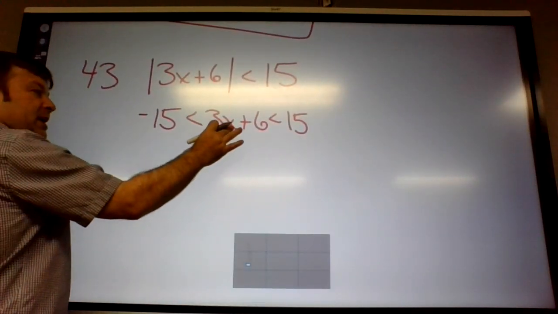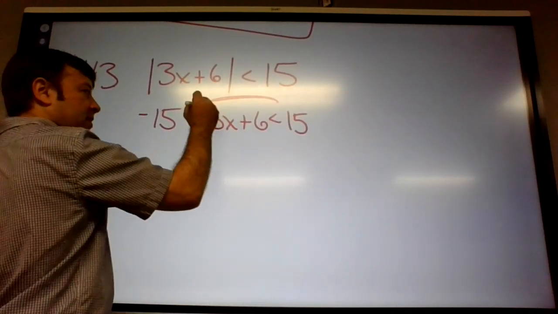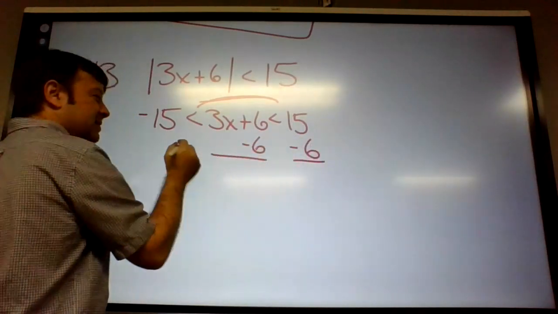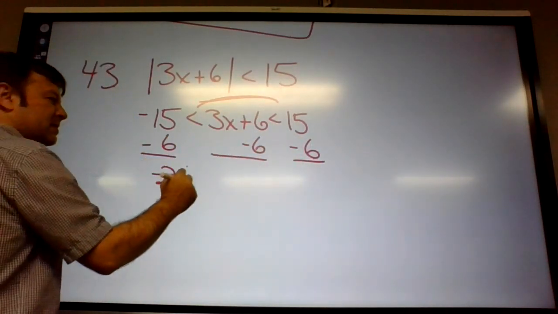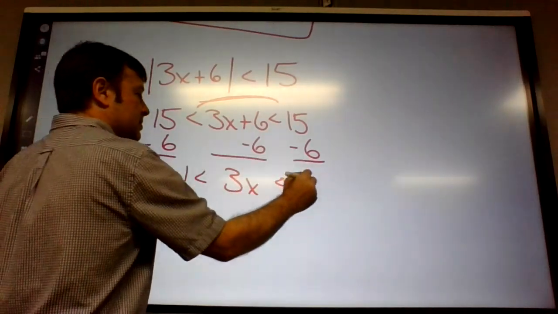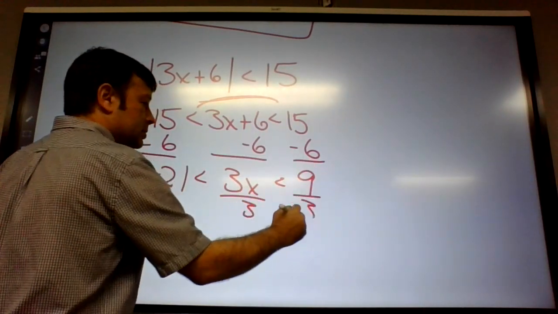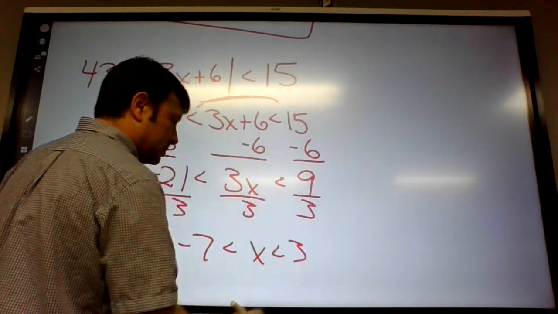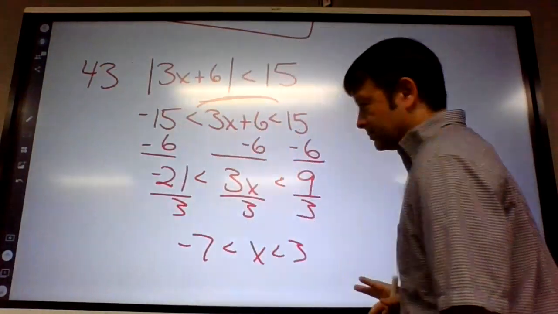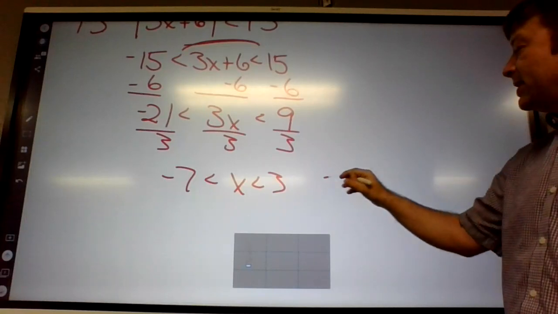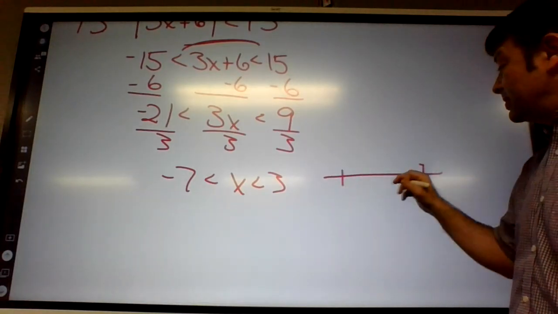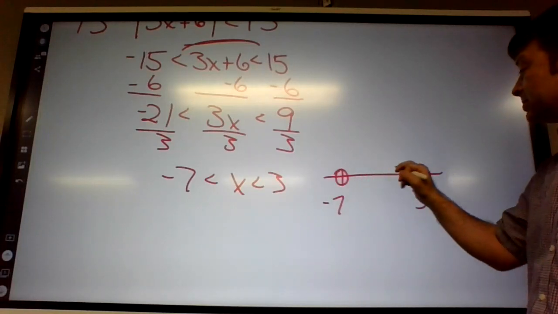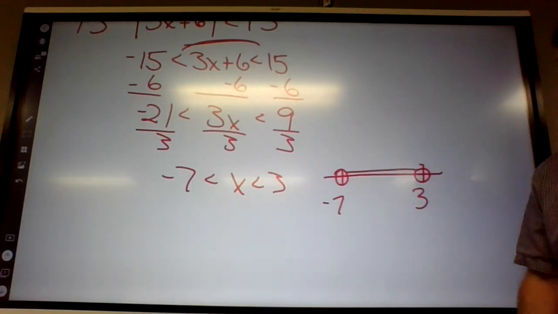And then remember, we just gotta get x by itself in the middle here. So, subtract 6 on everything, and divide by 3. And we're supposed to graph it. So basically that says x is between negative 7 and 3. Any number between there. So open circles and connect the dots.